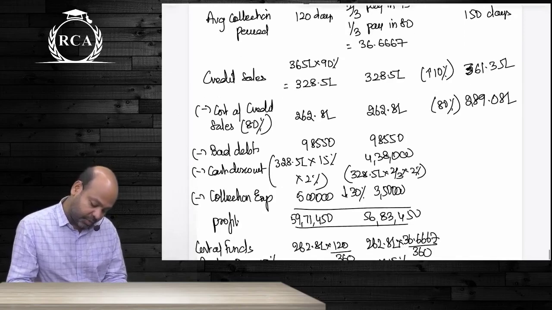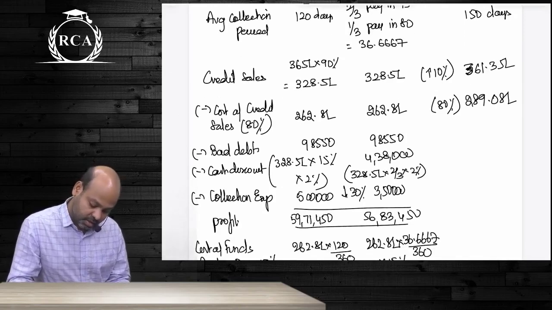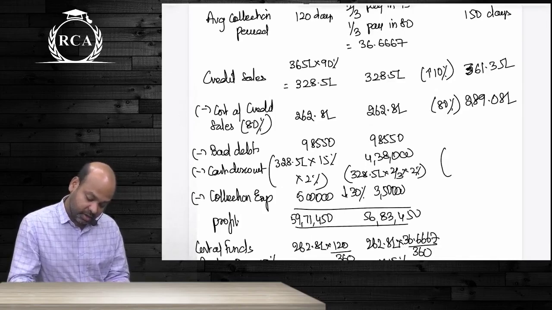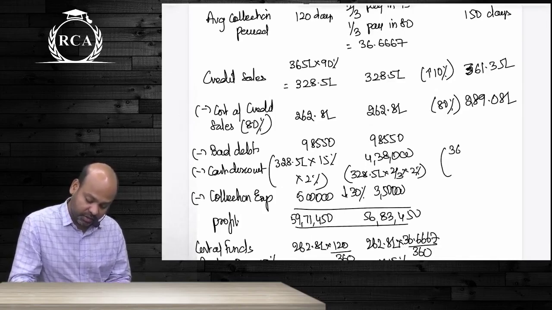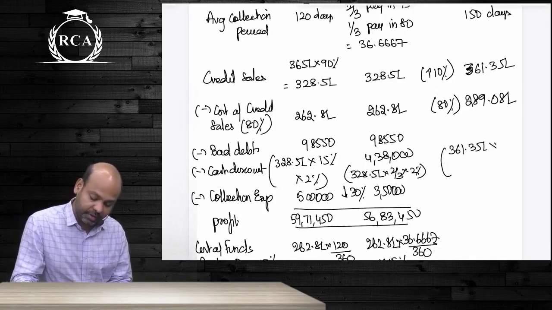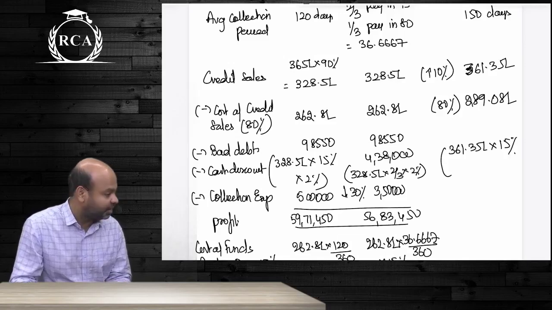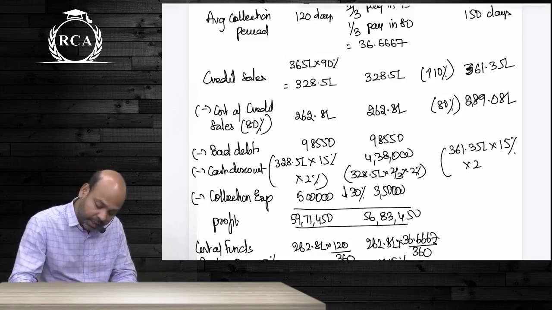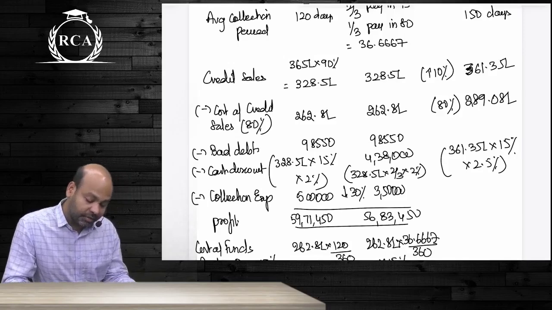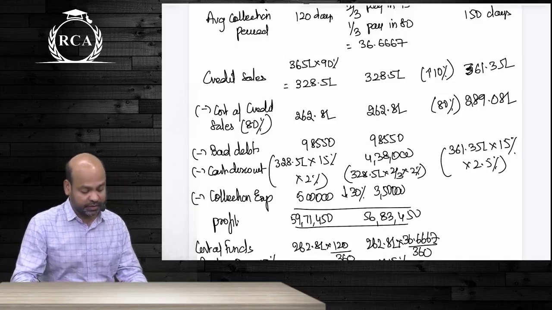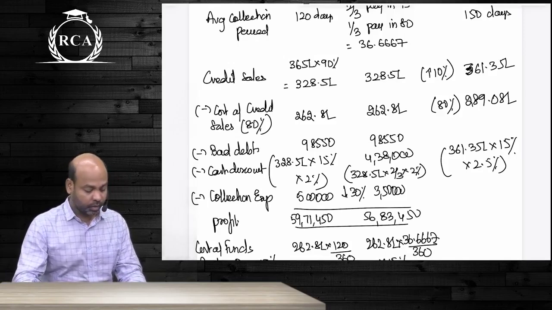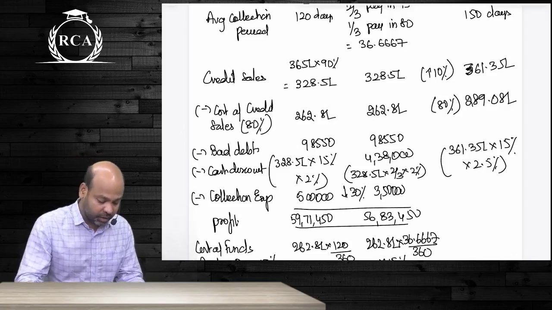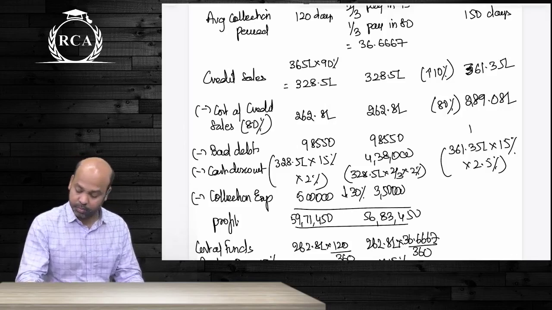Bad debts, beta, would be, there's no cash discount, right, we'll write it properly now. 361.35 lakhs. It says the proportion of those customers are still the same, that is 15%, but on that the bad debt will be 2.5%. How much will that be, guys? 1,35,000. Please check the values, guys.